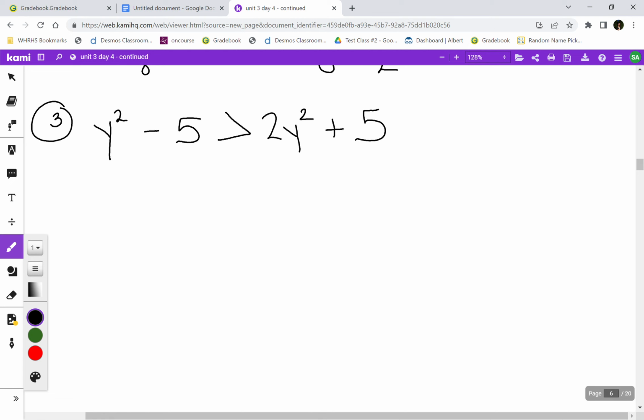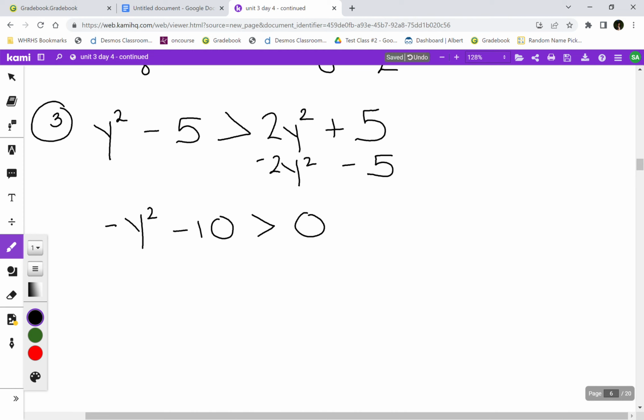So we're going to say, okay, well, we have to factor. But in order to factor, don't we have to bring everything over to one side? So I'm going to subtract 2y squared and subtract the 5. So then we're going to end up with negative y squared minus 10 is greater than 0.